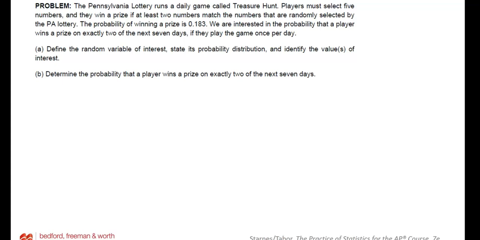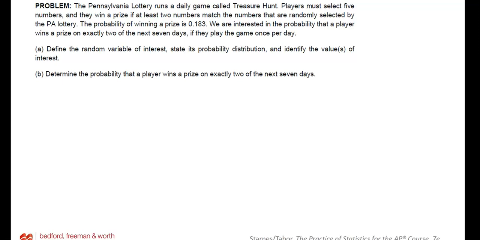Okay, so what is the variable of interest in words, right? So X is what? What are we kind of counting here? Do you win a prize in the lottery? State its probability distribution. So what is N and what is P here? We want to win exactly 2 of the next 7 days.